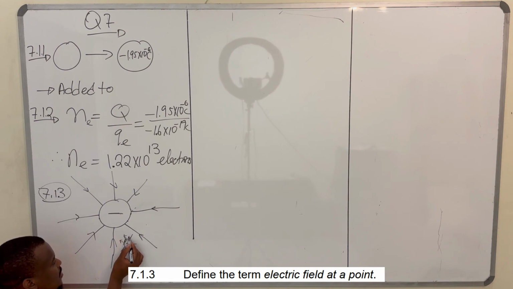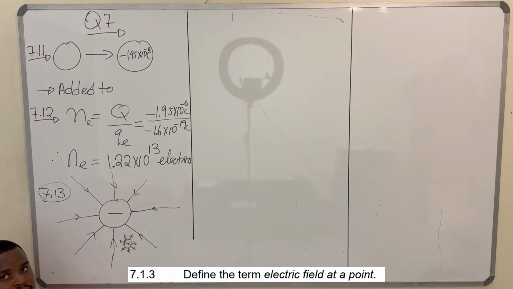Its field will interact with this one. So this positive charge that you place here has its own electric field around itself, because I said any charged object will have an electric field around itself. So this electric field will interact with that of the negatively charged object, right?